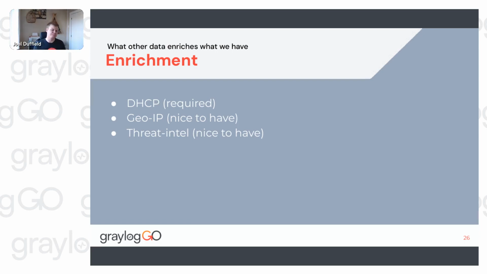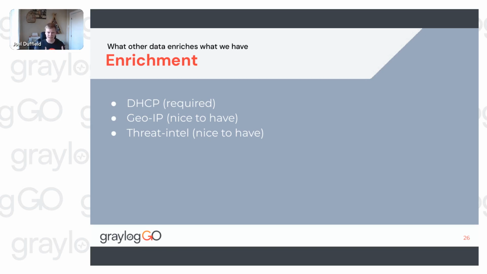So what do I mean by that? As I said, we're going to talk about DHCP. We'll dive a little deeper into DHCP in a second and why we need to bring that in. But DHCP is something that I would say is required to be brought in.